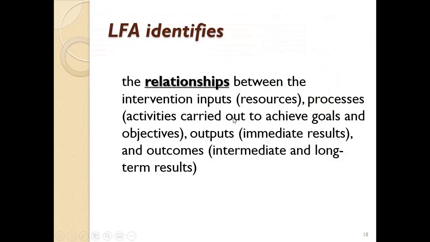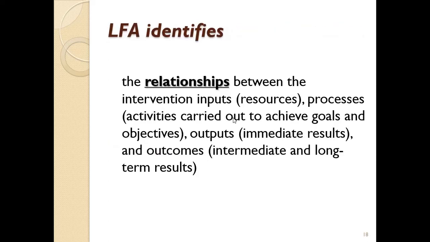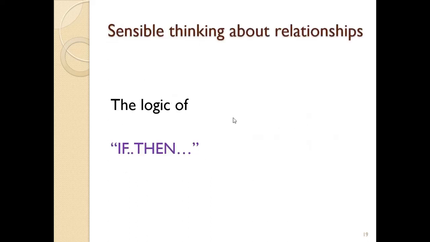Okay, so in simple terms, the logical framework identifies the relationships between activities, inputs, outputs, outcomes, and then of course the impact. Such relationships are determined through what we call logical thinking or sensible thinking.